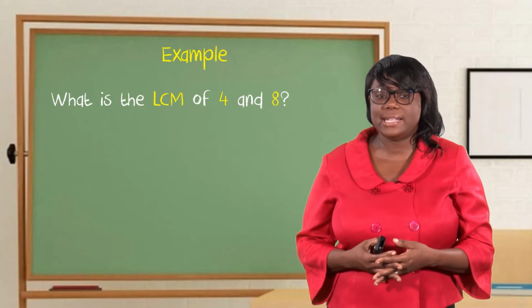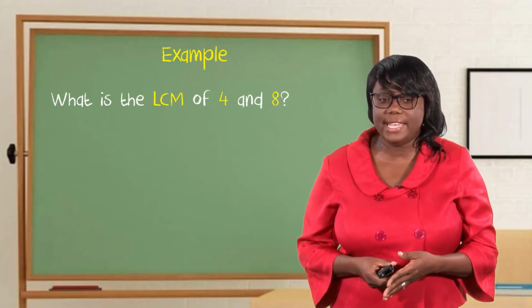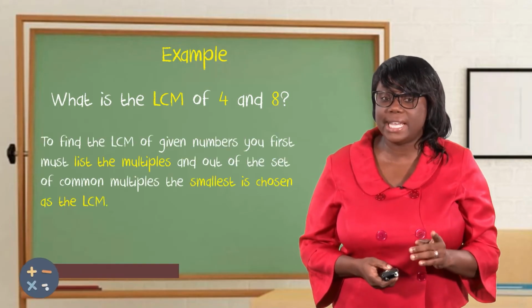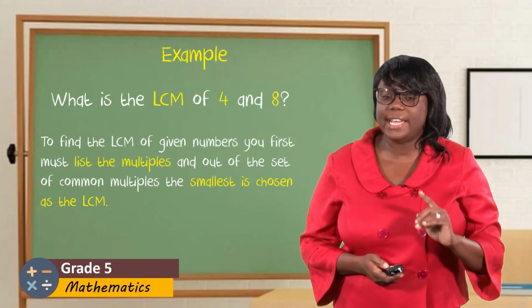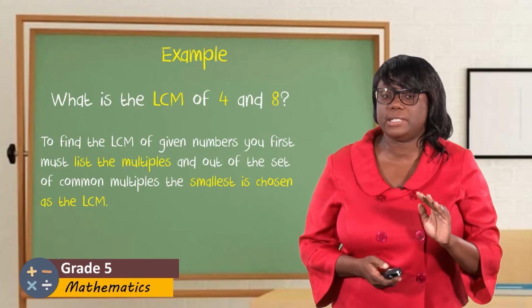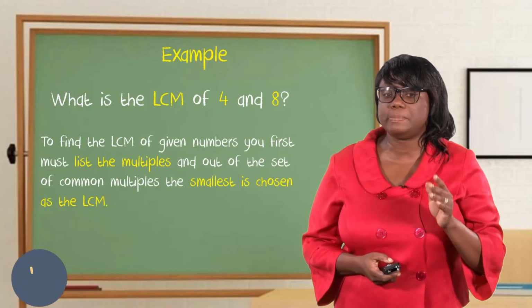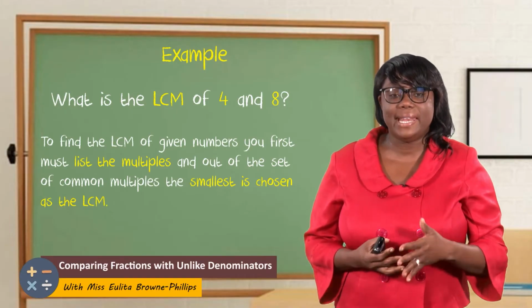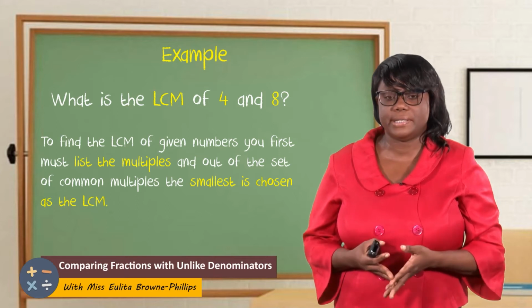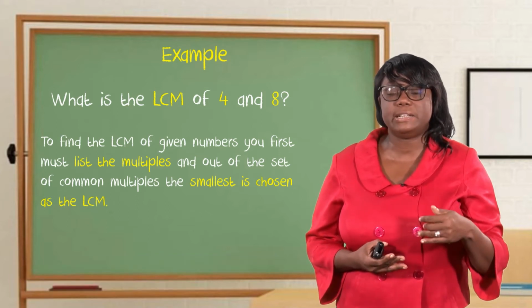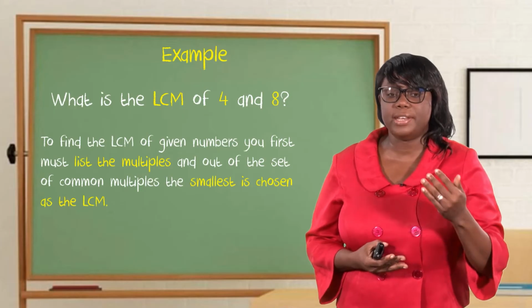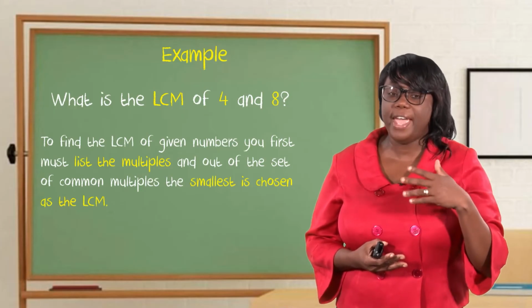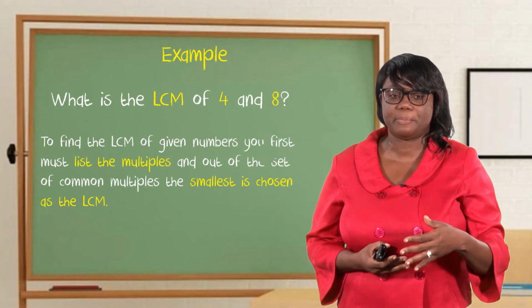Now remember we said that to find the LCM of given numbers, you have to list the multiples of these numbers. We will start by listing the multiples of 4 and then the multiples of 8. Then we will move to the next step.